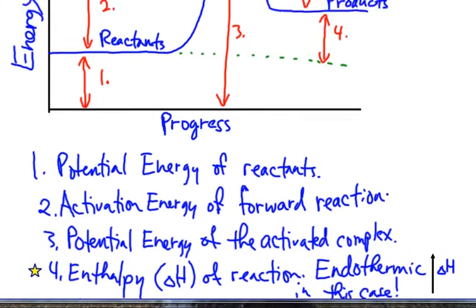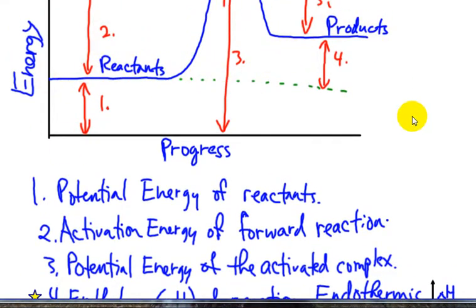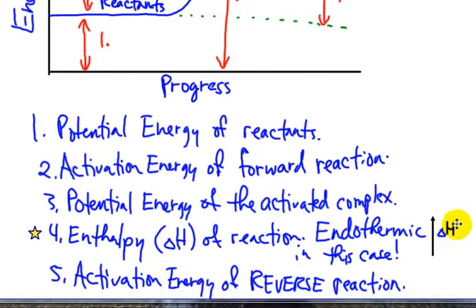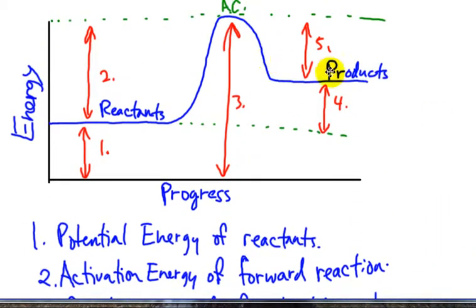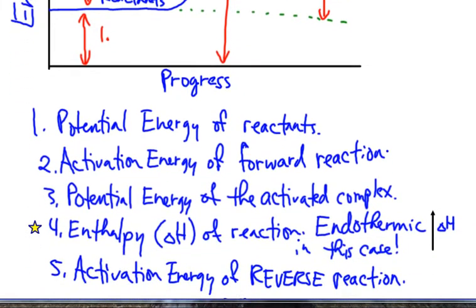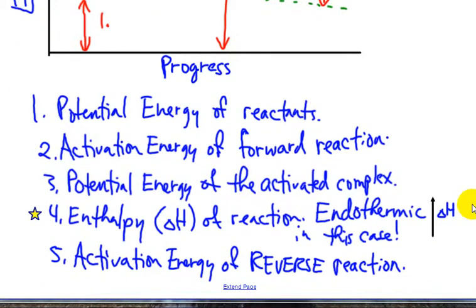In our case here, we're going from lower energy reactants to higher energy products, so it's endothermic, requires the absorption of heat. And lastly, number 5, it's the difference between products and activation energy. If I was to do this reaction in reverse, it would be the activation energy of the reverse reaction.